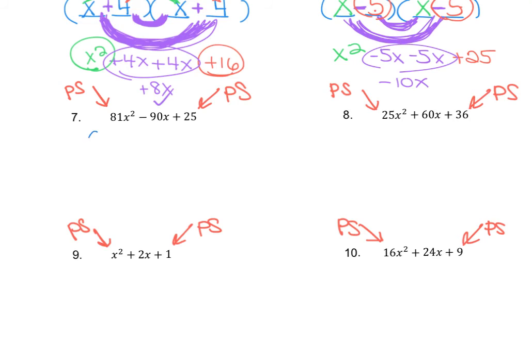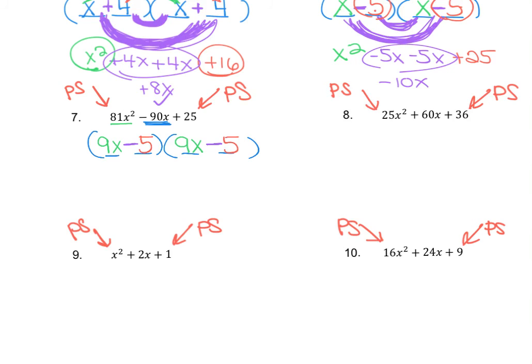All right, let's look at number 7. The front is going to be 9x and 9x because I have that perfect square going for me. The back end is going to be 5 and 5. Since I'm working for this negative 90, what do you think the signs are going to be?